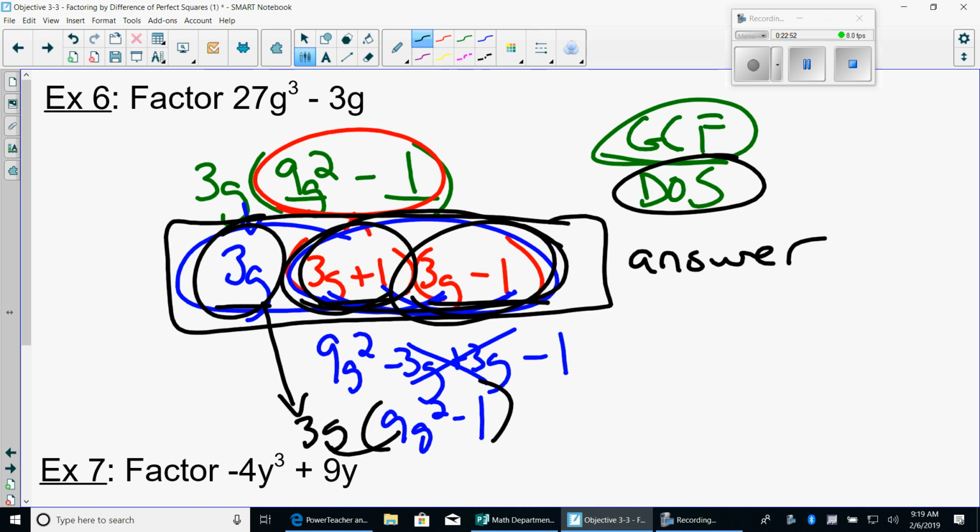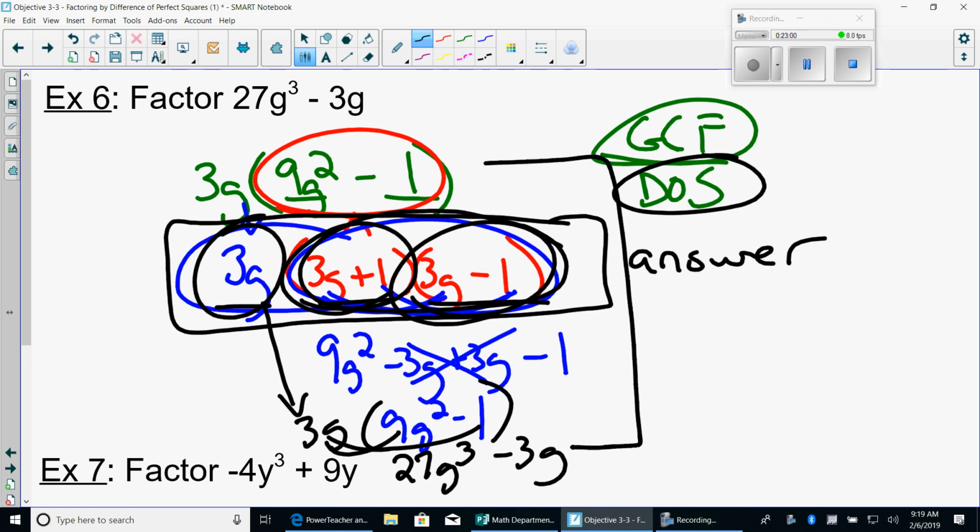And so we're going to distribute that and make 27g to the third minus 3g. And that will give you this piece. Did you follow me on that? Two together first. Get an answer. Then take that answer and multiply it by the third part. Okay, got it?